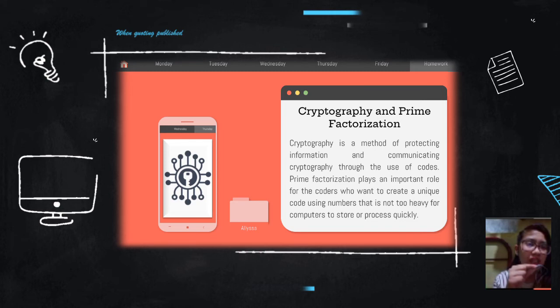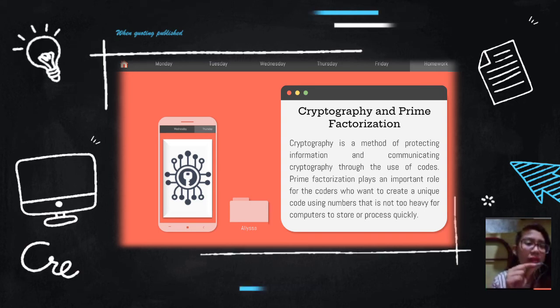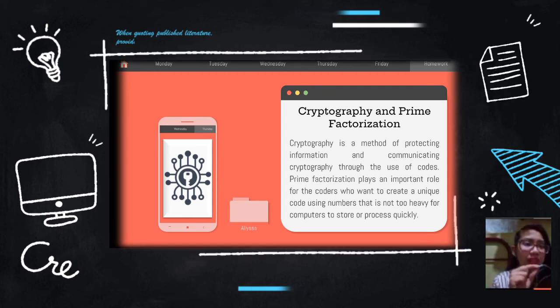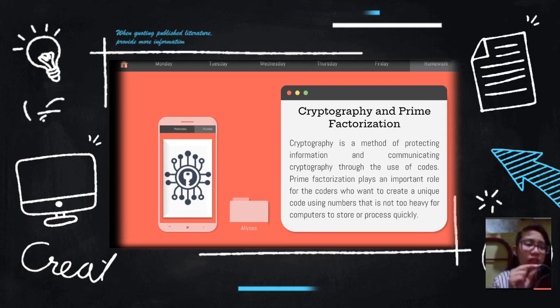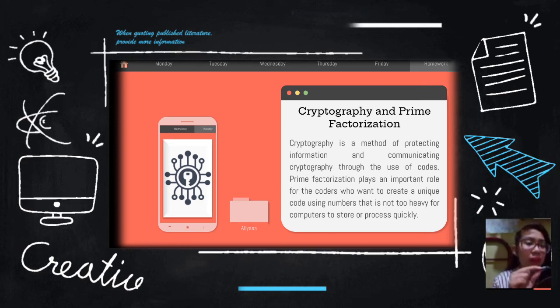So cryptography is a method of protecting information and communicating through the use of codes. Prime factorization plays an important role for the coders who want to create a unique code using numbers that is not too heavy for computers to store or process quickly. So prime factorization is actually a commonly used mathematical problem which is often used to secure public key encryption systems.